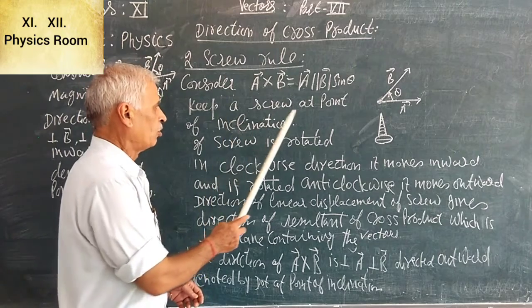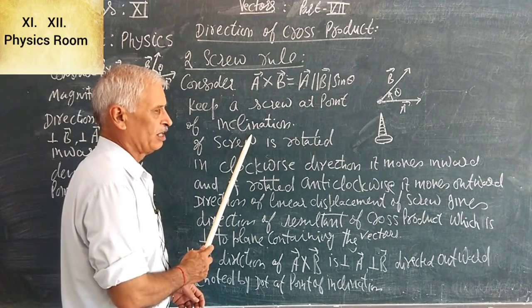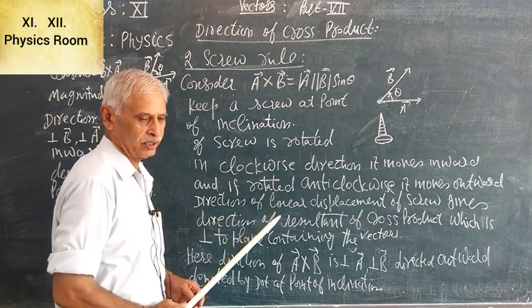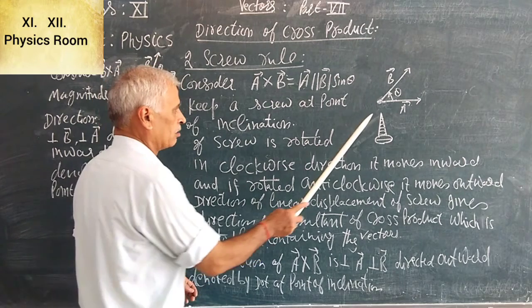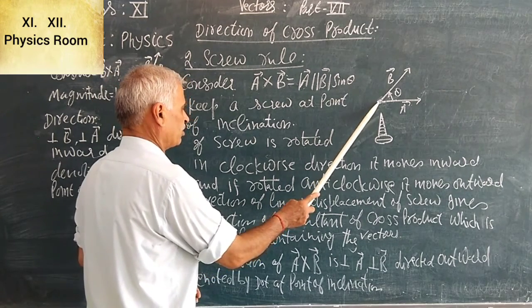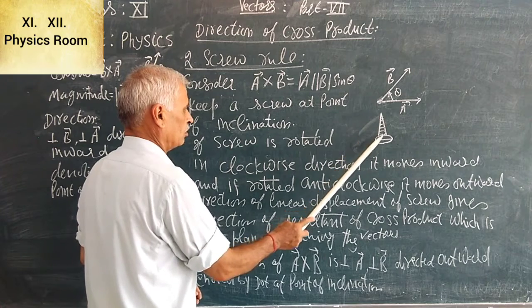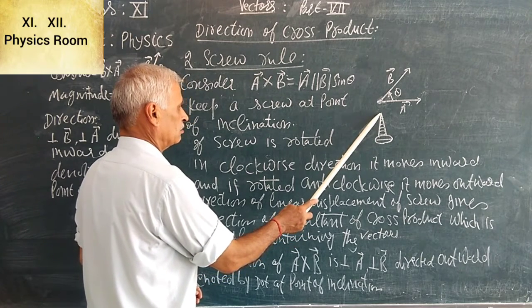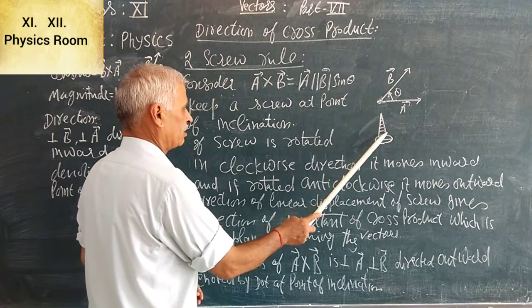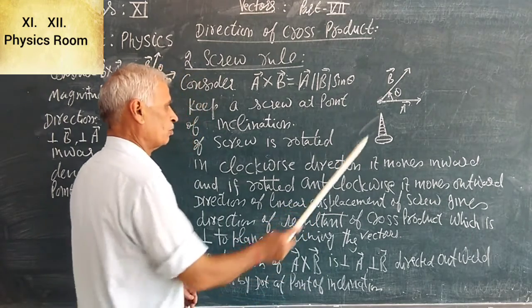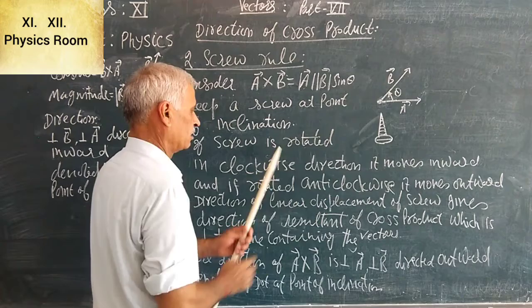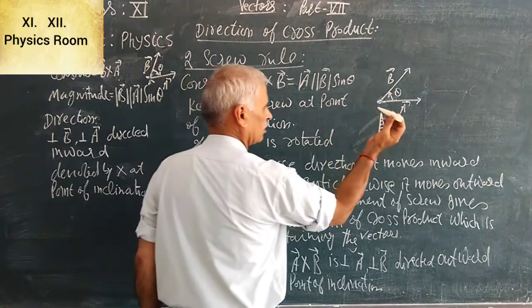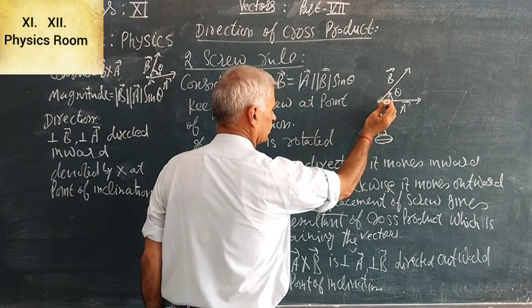Keep a screw at the point of inclination. This is the screw's head, and this is its point, the sharp point of the screw. So put this sharp point here, like this.